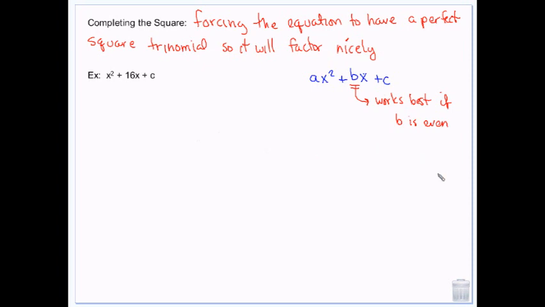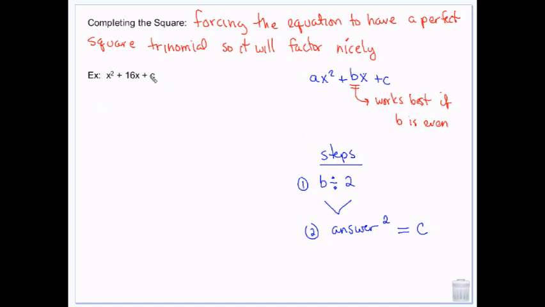So here are the steps. We're going to take b and divide it by 2. Okay? And then we're going to take this answer, whatever that number is, and we're going to square it. And that will equal c.